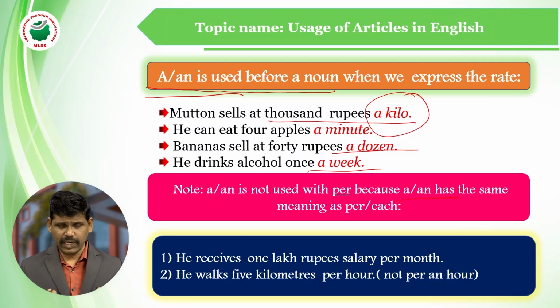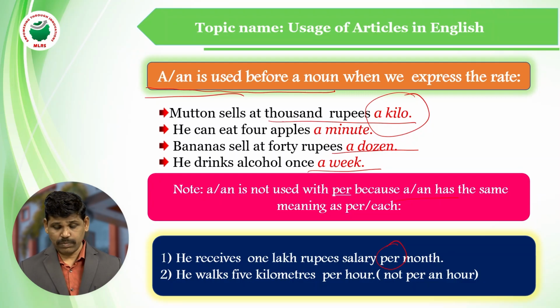He receives 1 lakh rupees salary per month. Otherwise, he receives 1 lakh rupees a month. Instead of per, you can use a. But "per a month" is wrong. Per or a, same meaning. So don't use per a month.